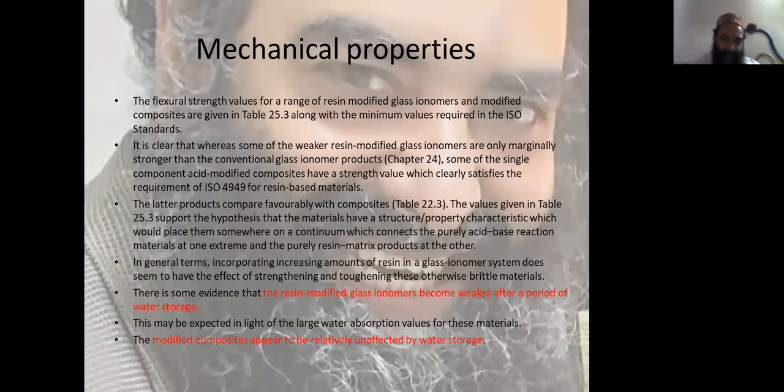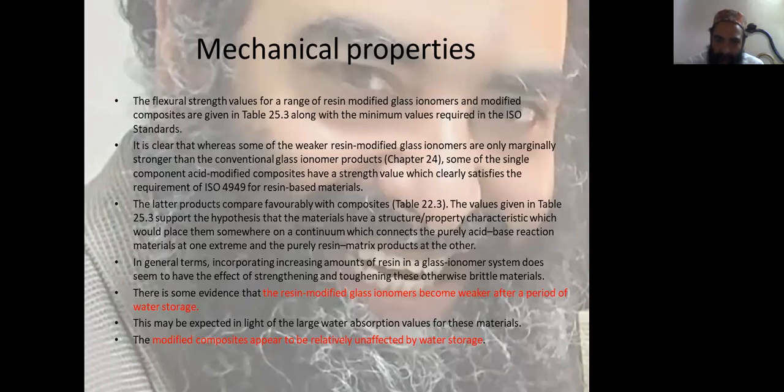It is clear that whereas some of the weaker resin modified glass ionomers are only marginally stronger than the conventional glass ionomer products, some of the single component acid modified composites have a strength value which clearly satisfies the requirement of ISO 4049 for resin based material. Later products compare favorably with composites.